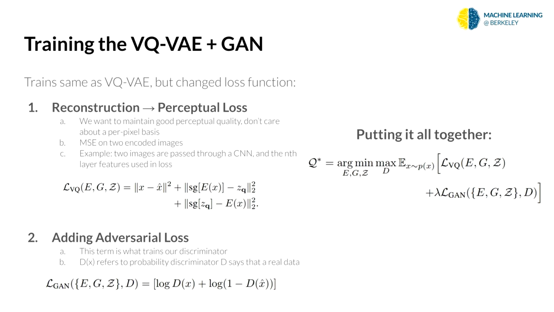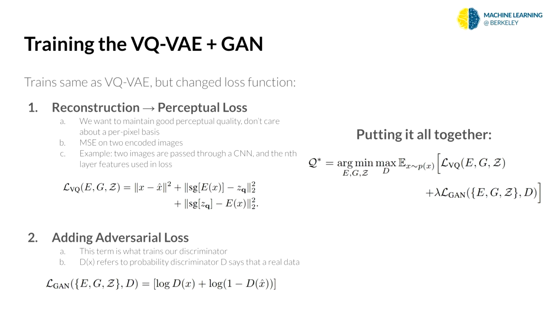As a more concrete example, let's say we have 2 images that are passed through a CNN, so encoded, and the nth layer of their features are used as loss. Specifically, the first term of that L of VQ is our perceptual loss, the L2 norm of x minus x hat. That's our new loss.